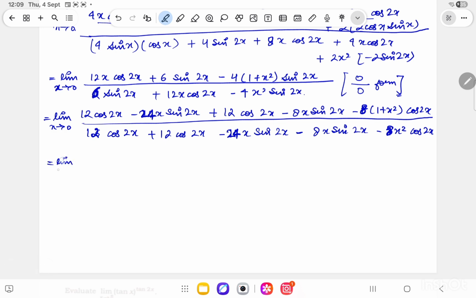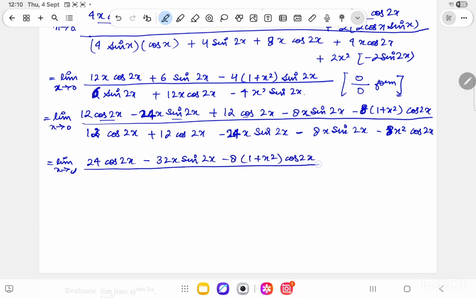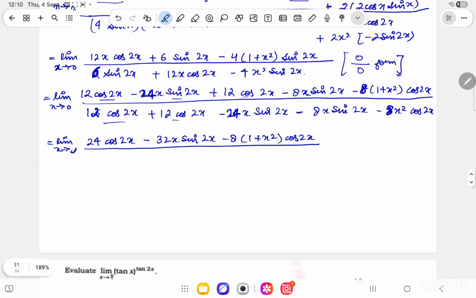It will be equals to limit x approaches 0, cos 2x plus cos 2x, so it is 24 cos 2x minus 24 minus 8 minus 32x sin 2x minus 8 into 1 plus x square cos 2x, divided by 12 plus 12, again 24 cos 2x minus 32x sin 2x minus 8x square cos 2x.